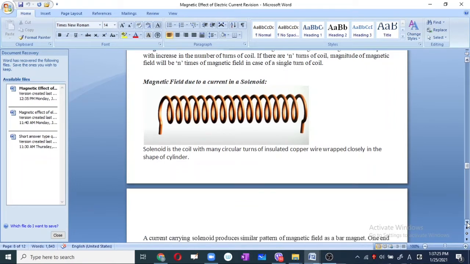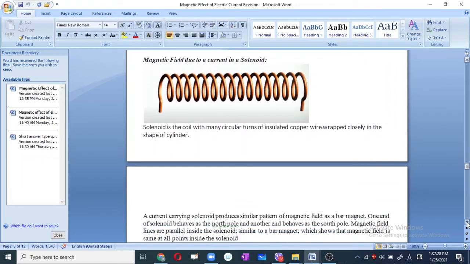Now we are coming to a solenoid. So solenoid is actually a coil with many circular turns of insulated copper wire wrapped closely in the shape of cylinder. Here we can also add one more thing. The length of the solenoid must be greater than its diameter.